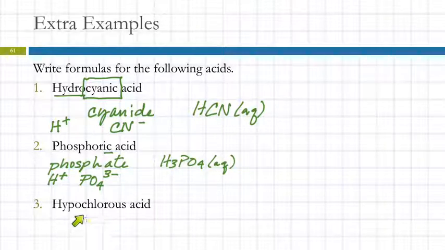How about this guy? Hypochlorous acid. Oxyacid or other kind? It's an oxyacid. This was a little tricky because hypo and hydro are really similar, right? But this is hypo. So this comes from hypochlorite.